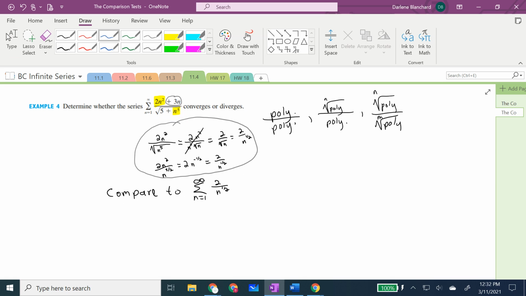What kind of series do we have? What is our comparer? It is a p series, and the p is equal to 1/2. And what does that mean? It is less than 1, therefore diverge.